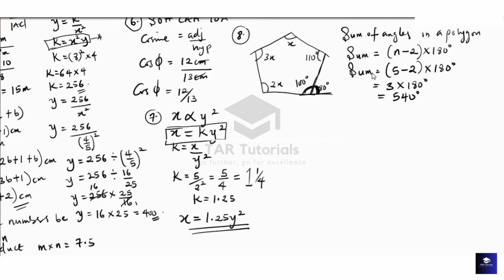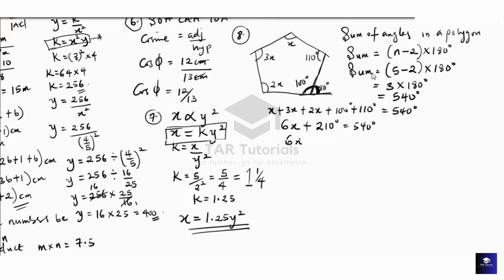Now we can solve. We have x plus 3x plus 2x plus 100 plus 110 degrees equals 540 degrees. x plus 3x is 4x, plus 2x is 6x, plus 100 plus 110, that is 210 degrees, equals 540 degrees.